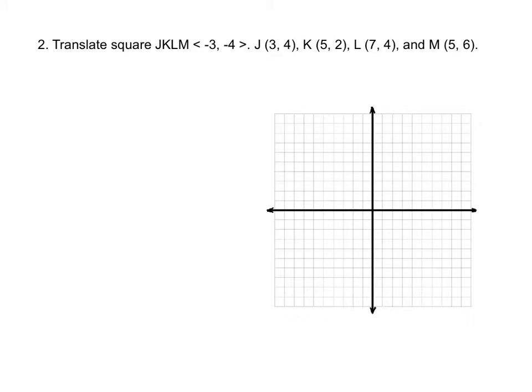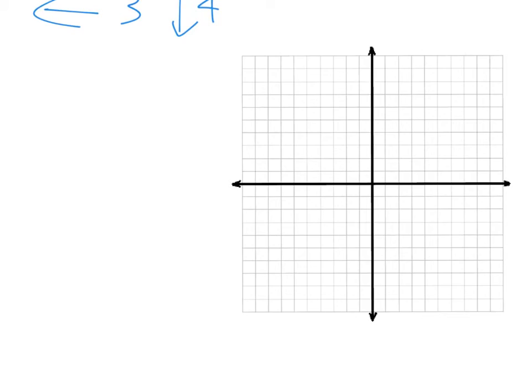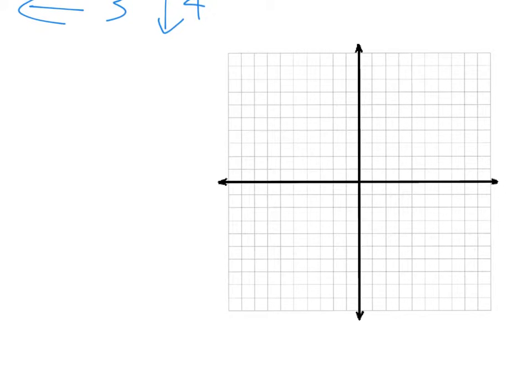Okay, now look at how this one is written. -3, -4 means it's going to move left 3 and move down 4. So I'm going to take my square, JKLM, and take everything left 3 and down 4. J is going to be at 3, 4.